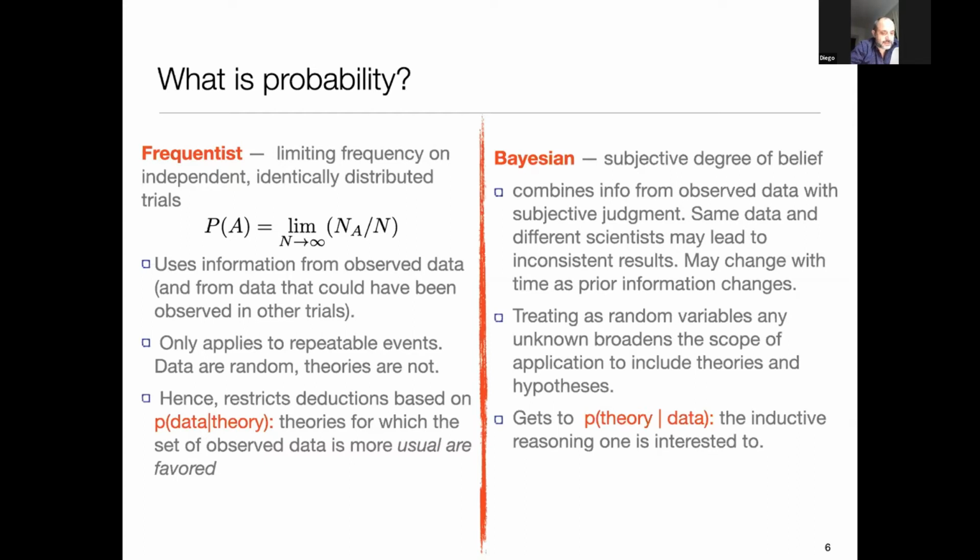And in Bayesian probability, what you get is exactly the backward process that we were talking about before.